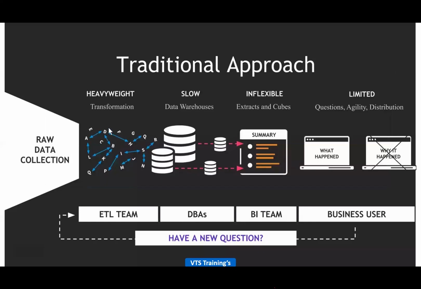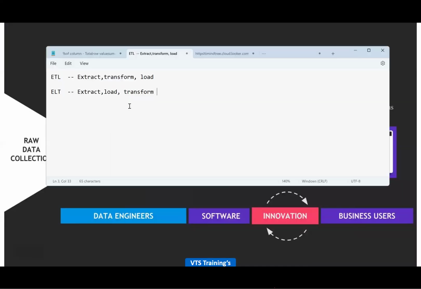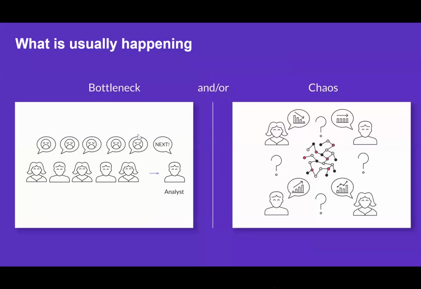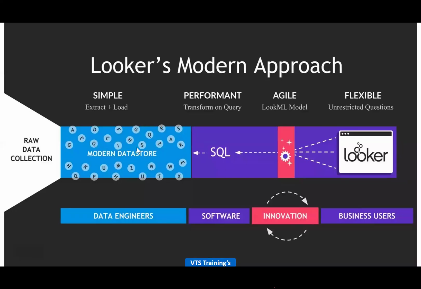They are not transforming initially. Why does it happen? What is the benefit out of it? In this case, they don't need to transform the entire data and load it into the data warehouse. The transformation will happen according to the Looker query.